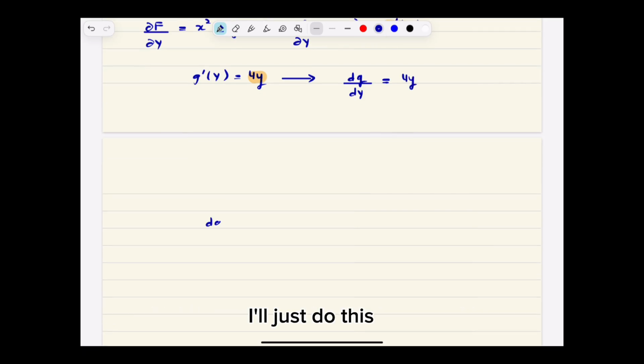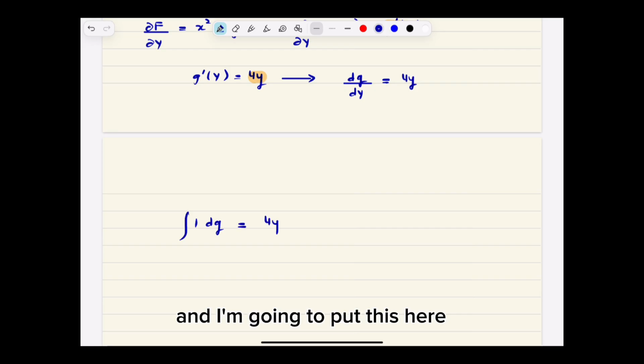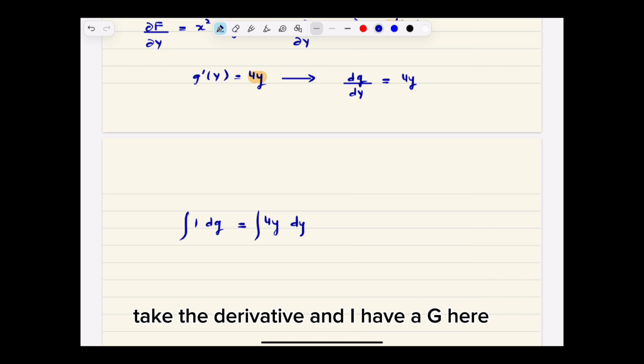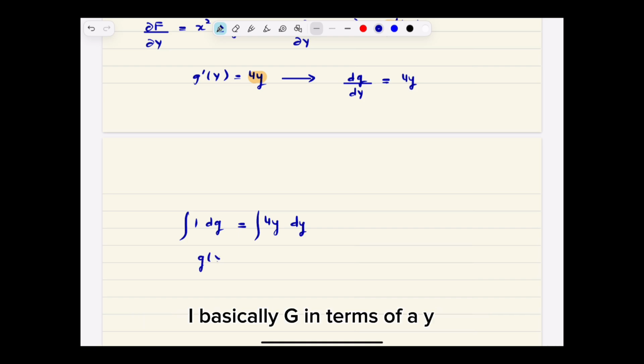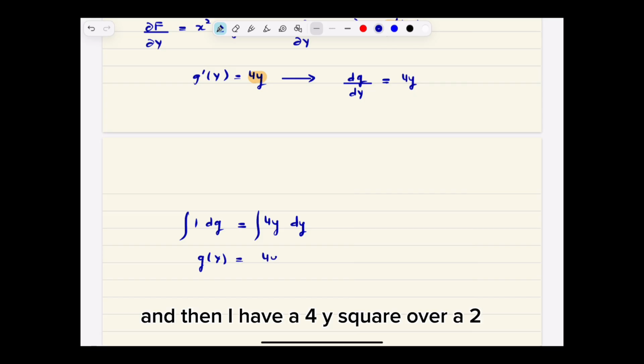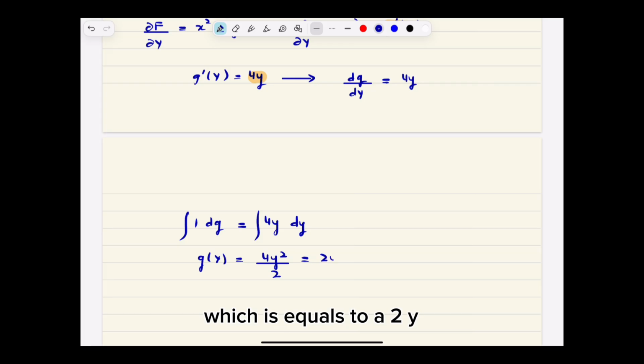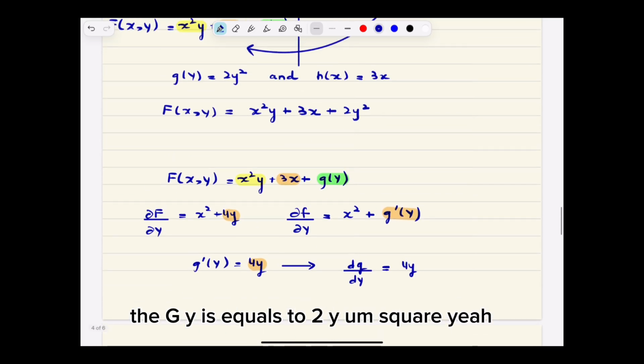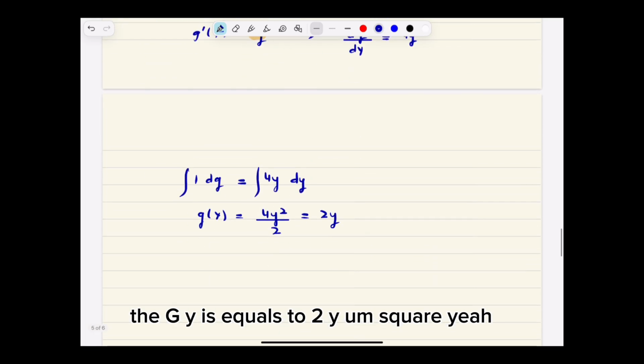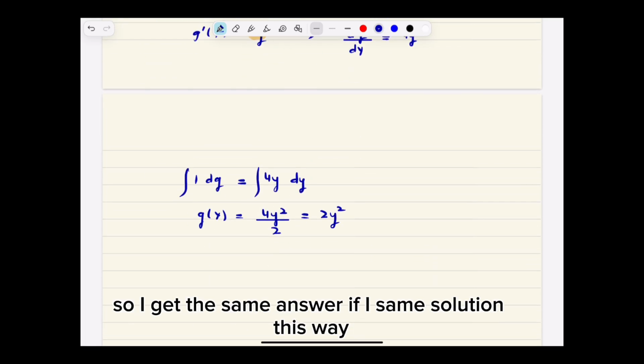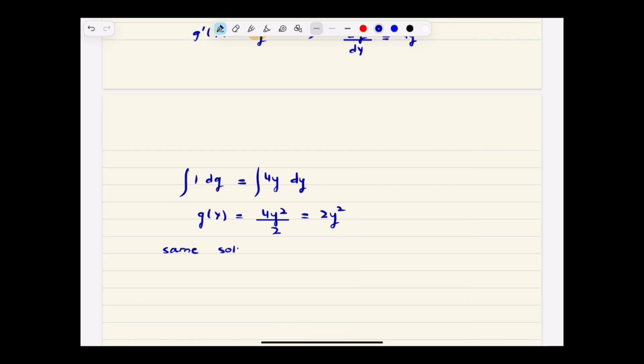I'll integrate, and I have g in terms of y, and then I have 4y squared over 2, which is equal to 2y squared. So therefore I get the same answer. g(y) is equal to 2y squared. Yeah, so I get the same solution this way.